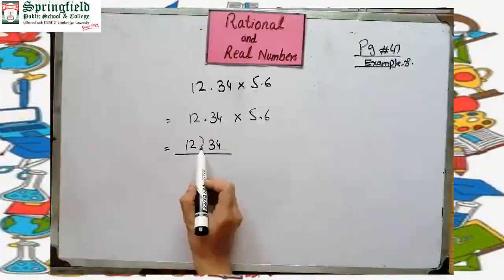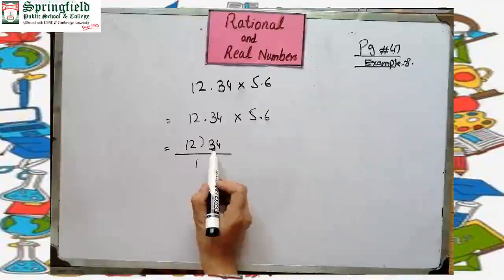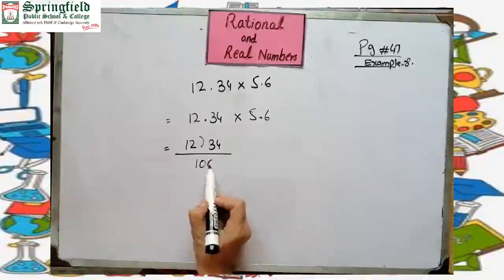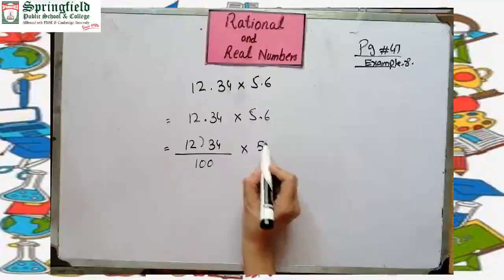We will write 100 in the denominator, and then multiply by 5.6.